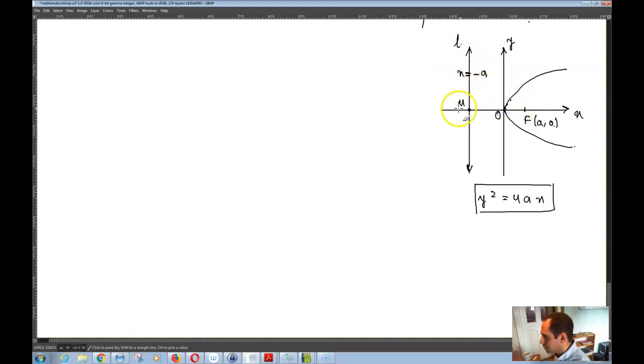That means that this distance is a. Of course, the equation becomes x equal to -a because we are going in this direction. But anyway, this distance is a, and this distance on the x-axis is also a. So that means that OM is equal to OF.